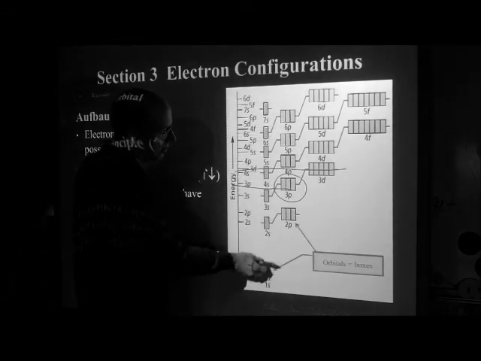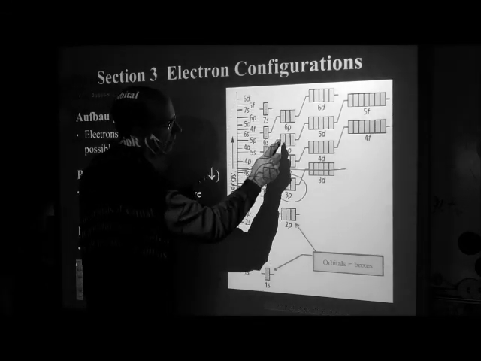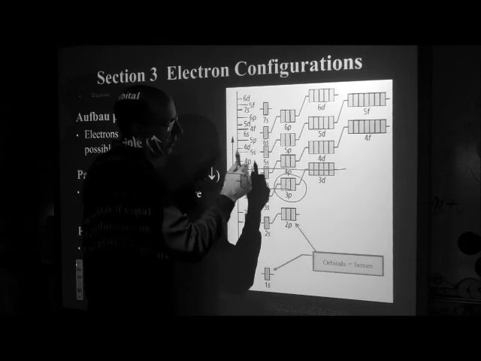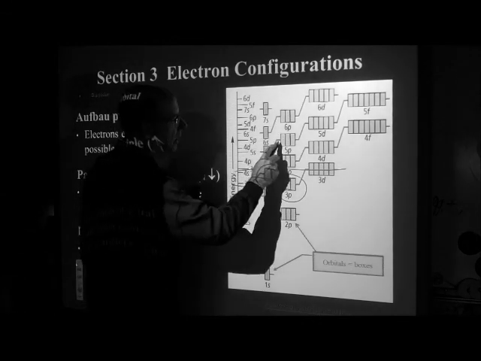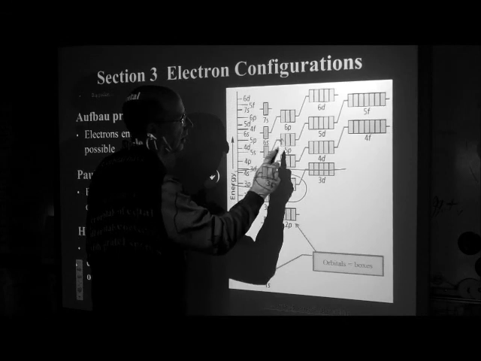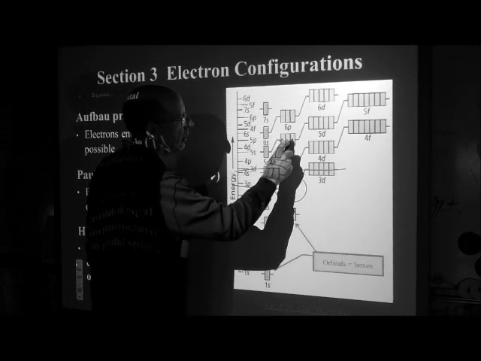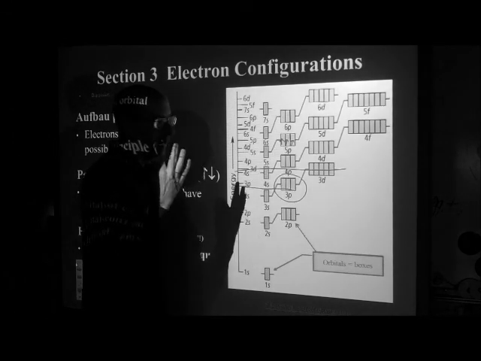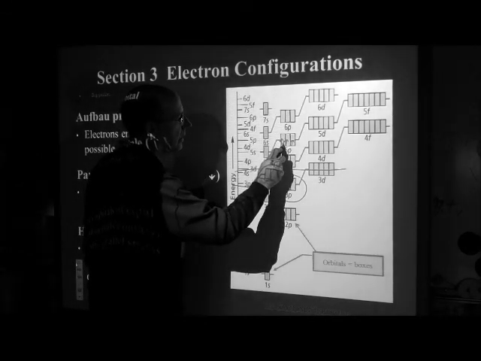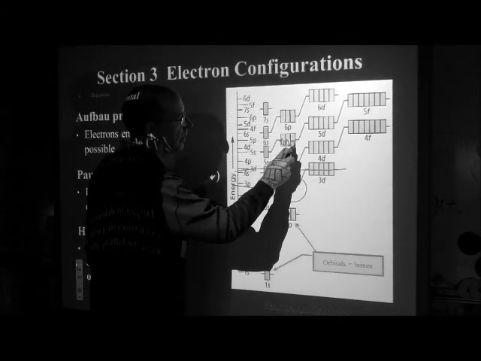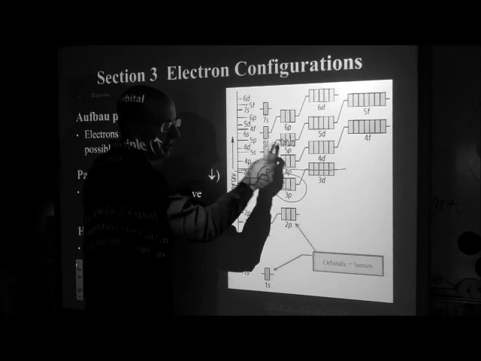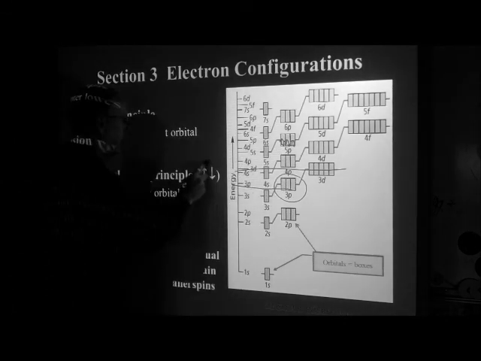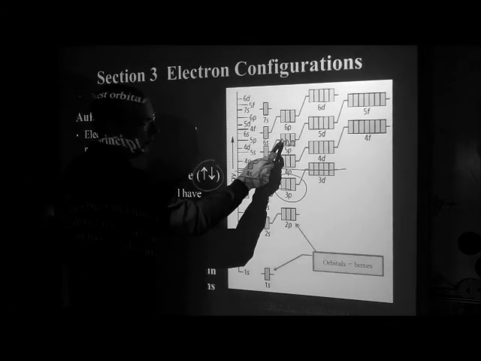If we put electrons all the way up to here, we're at the 5p. What that means is if we need to put in 6 electrons in the 5p, we put them in like this. Up, up, up. First, that's 3. And then we put them in like this. Down, down, down. And so each up or down arrow is an electron.